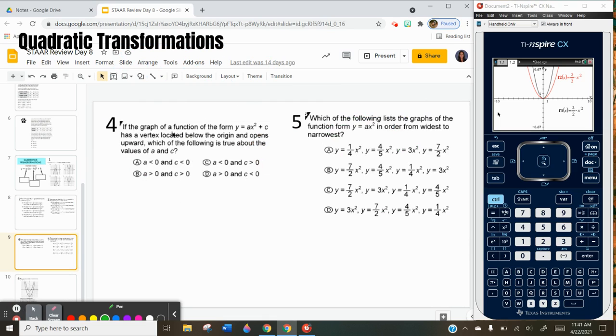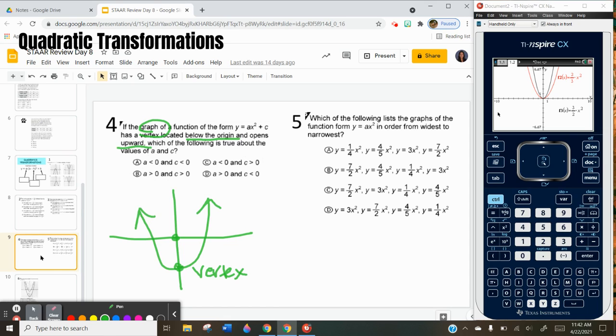Problem number 4. If the graph of a function of the form y equals ax squared plus c has a vertex that is located below the origin, remember, below the origin, it's not going through the 0, it's down here somewhere. So the vertex, which is the lowest or the highest point, is here, and it opens upward, so it looks something like this.